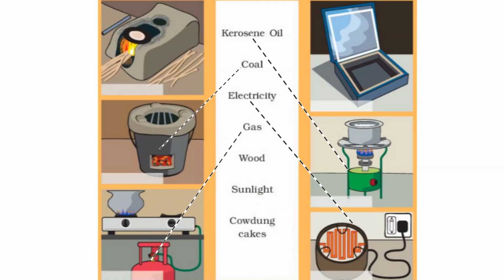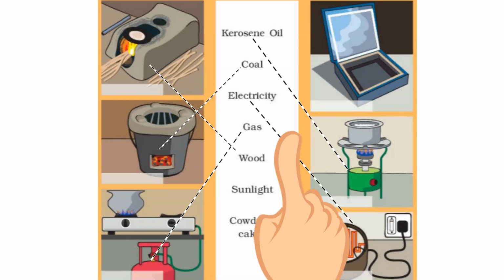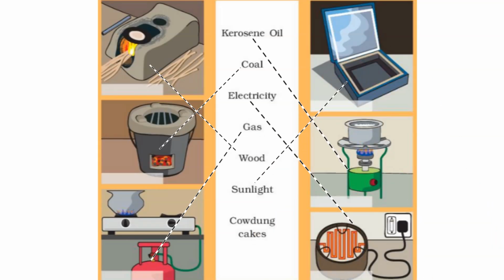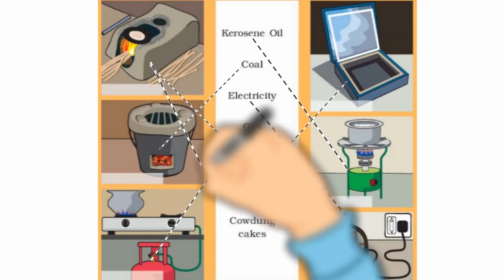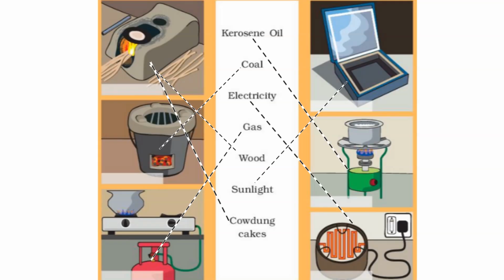Gas is used in the gas cylinder, and using that gas cylinder connection we cook the food items. Wood is used in the wooden stove. The sunlight is used in the solar heating panel. For cow dung cakes, there is no option, but they have shown cow dung cakes can also be used in the wooden stove, right?